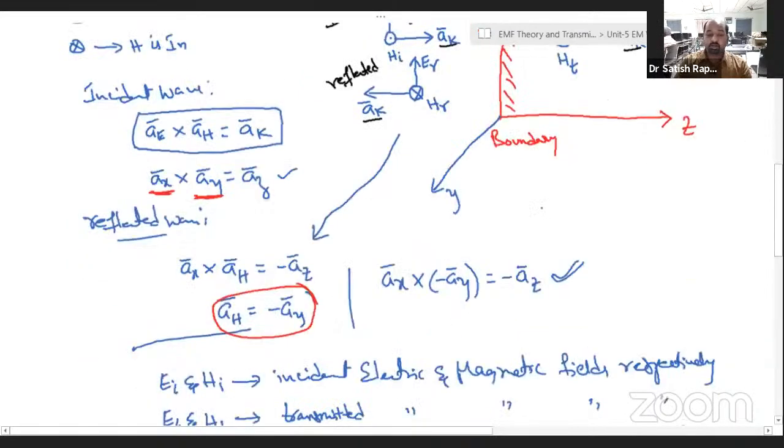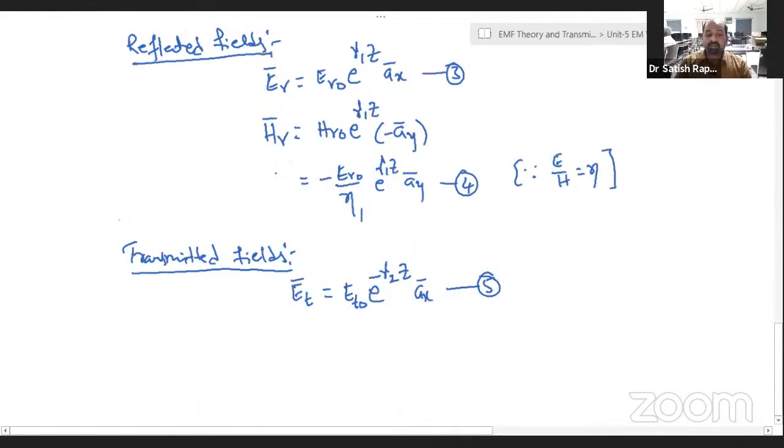Coming to the transmitted magnetic field, it can be written as Ht bar is equal to Ht naught e power minus gamma 2 z, plus Ay bar.